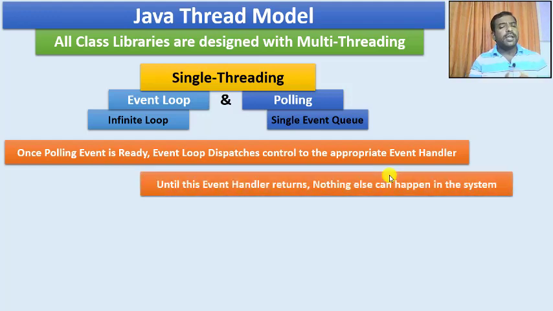And one more important point, during this execution, right now the event handler is handling the job. It is a printing job. So now the job from the CPU has been shifted to the printing job. Clear? So now until this event handler returns, nothing else can happen in the system.